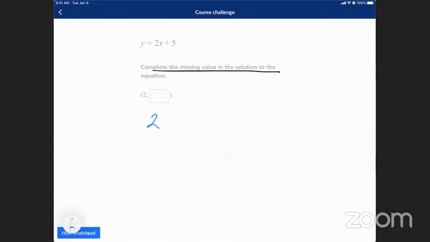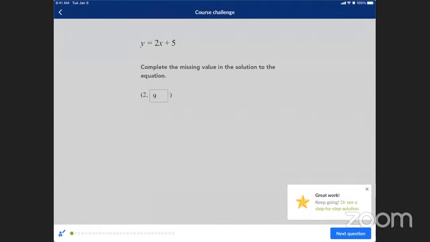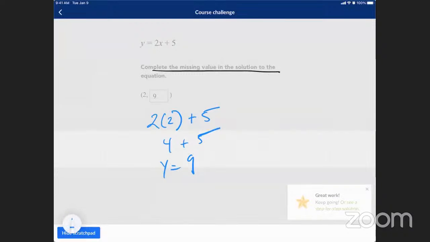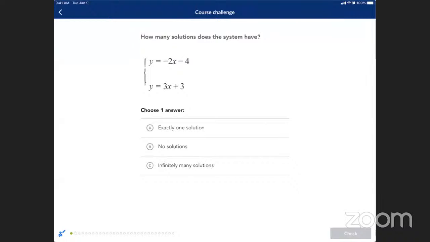So I'll let 2 equal x, and that would be 4 plus 5, and that would equal 9, which would mean y equals 9. Is it that simple? Yeah, that was basically what it is. All right, move on to the next one.